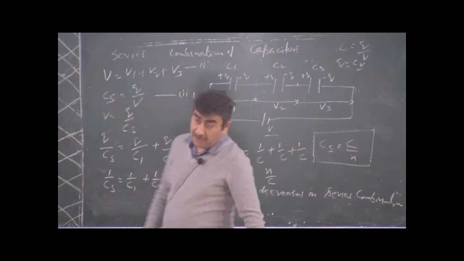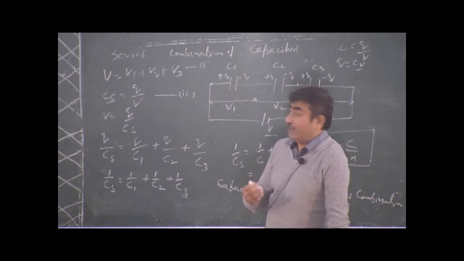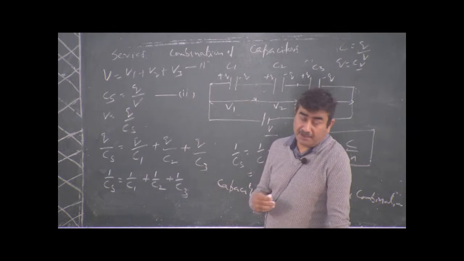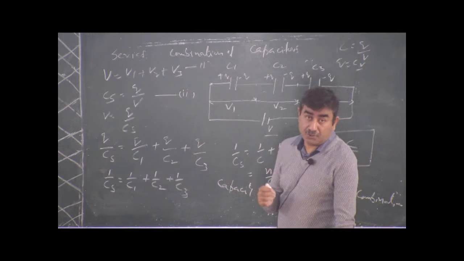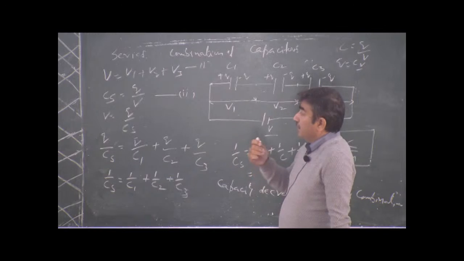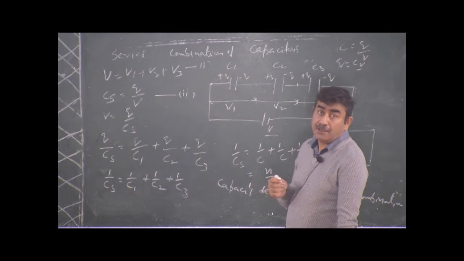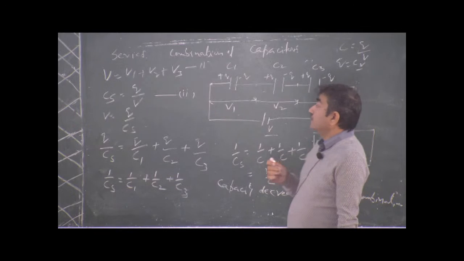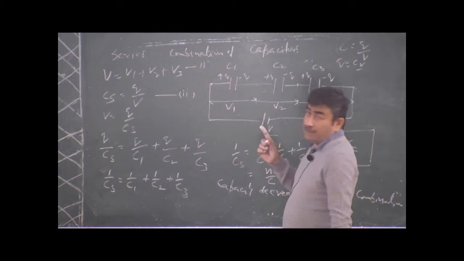Remember, in case of resistance, it is just the reverse. What happens in the case of resistance? If you join resistances in parallel, the total resistance decreases, whereas in case of capacitors, if you join them in parallel, the capacity increases.